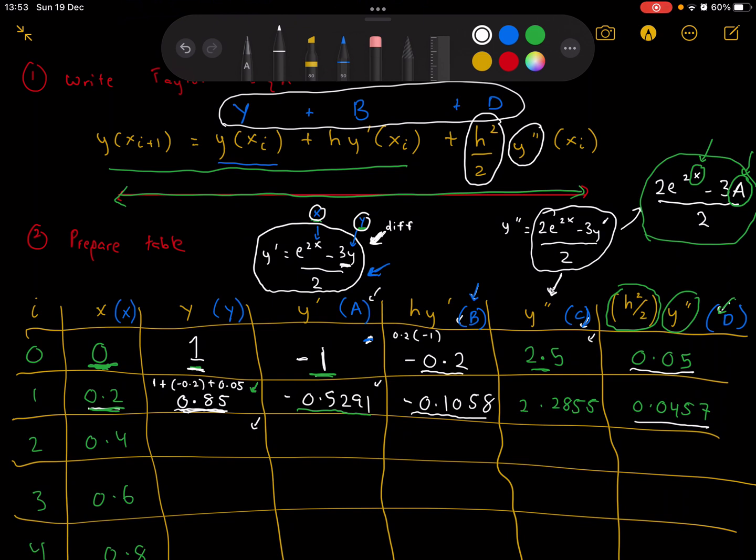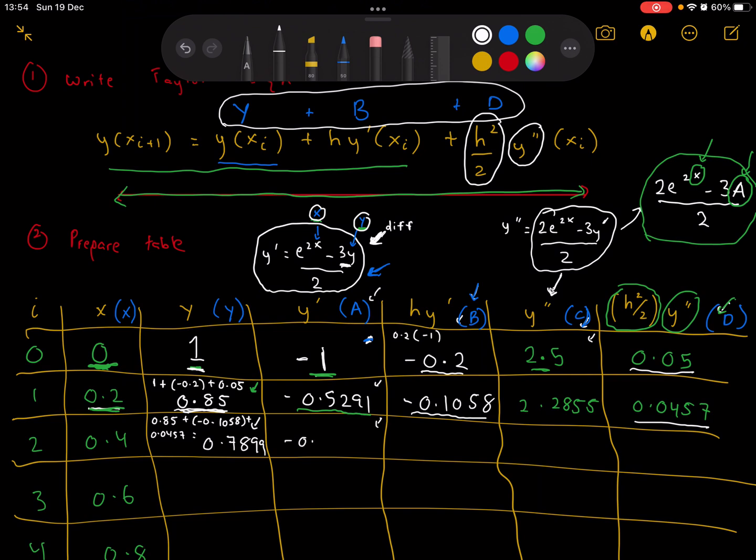So basically it's 0.85 plus negative 0.1058 plus 0.0457. So the answer is 0.7899. Okay, so fast forward. Next, repeat the same thing, find the value here.